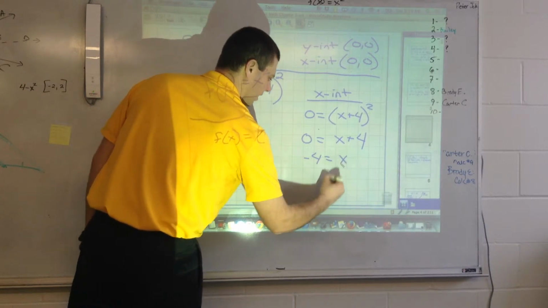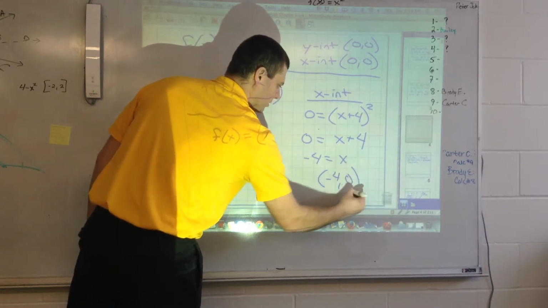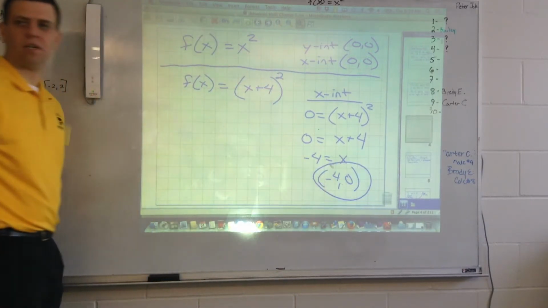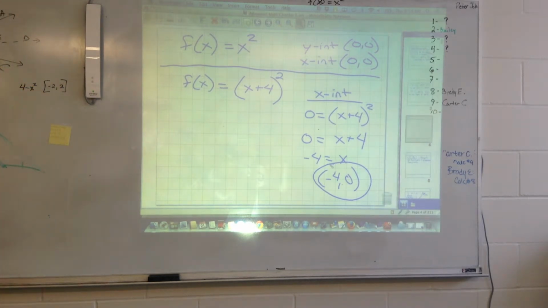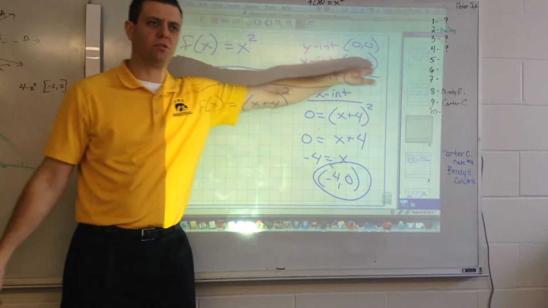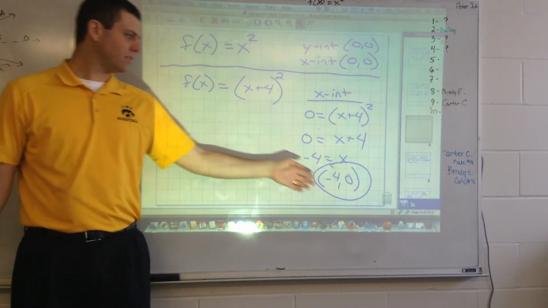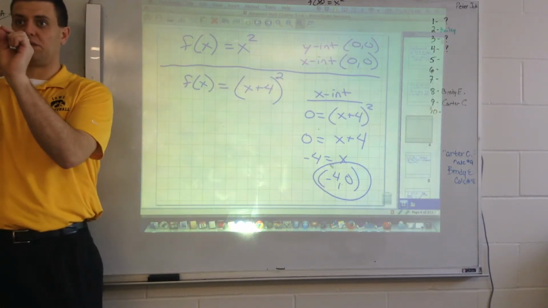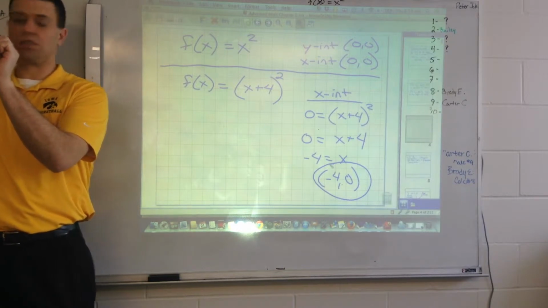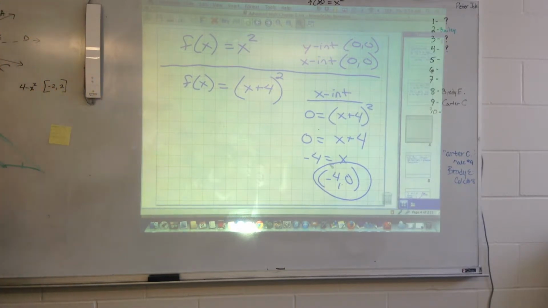Negative 4 equals x, so negative 4, 0 would be your x-intercept. This graph had an x-intercept at 0, 0. This graph has an x-intercept at negative 4, 0, so it actually moved to the left 4 units.